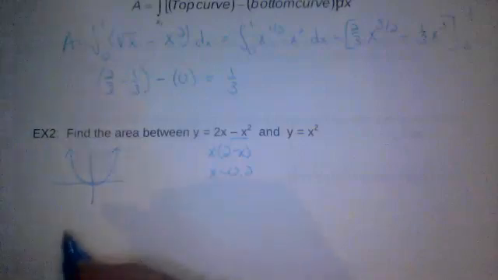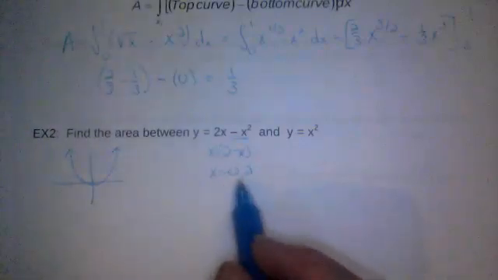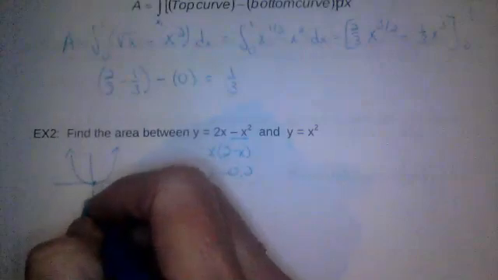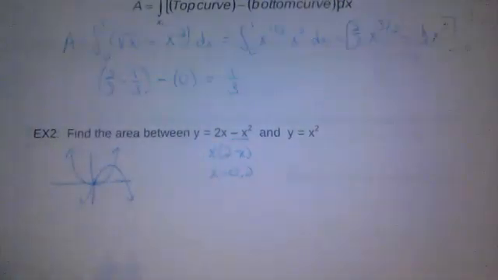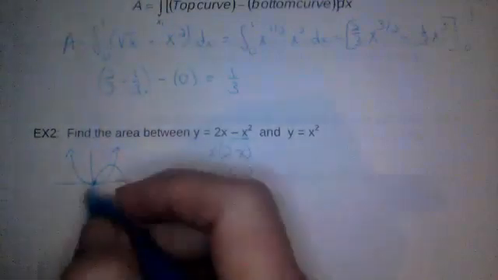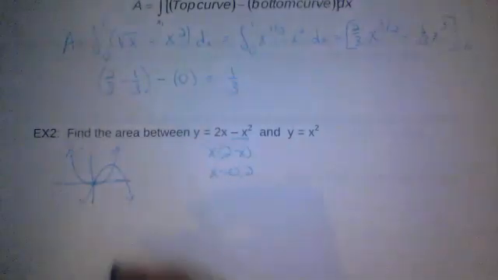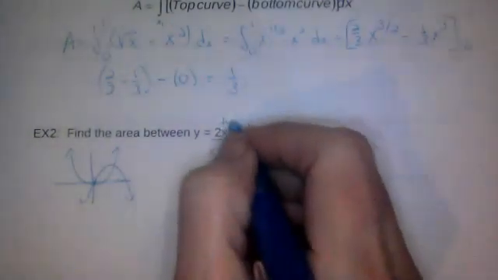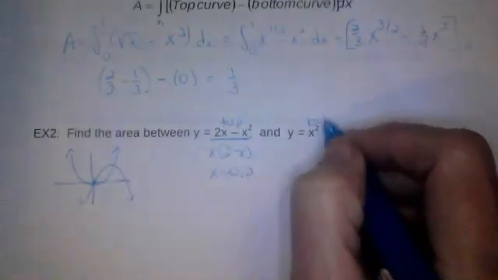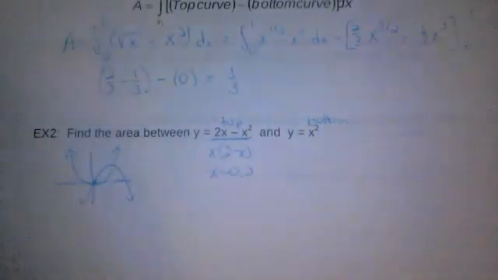So this graph is upside down and goes through 0 and 2. So it would look something like this. Now these don't have to be exact sketches, but this is option 1 to figure out which one is on the top. So in this case, this would be our top, and this one is our bottom function.